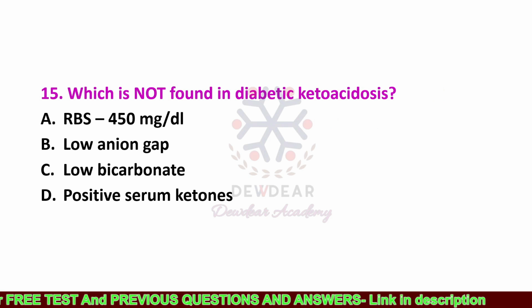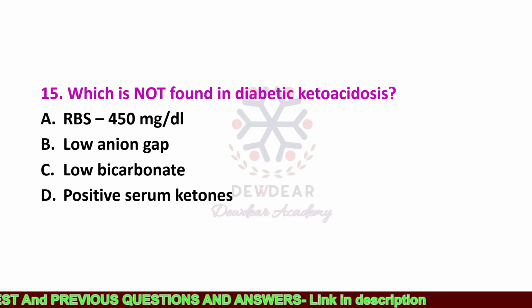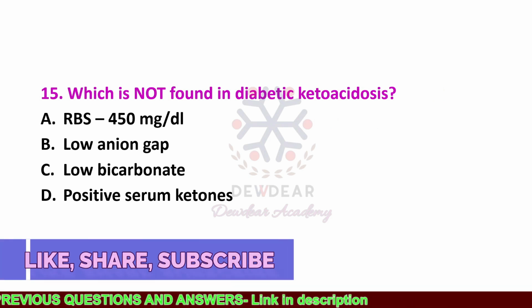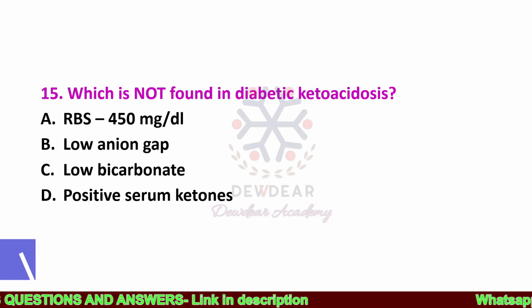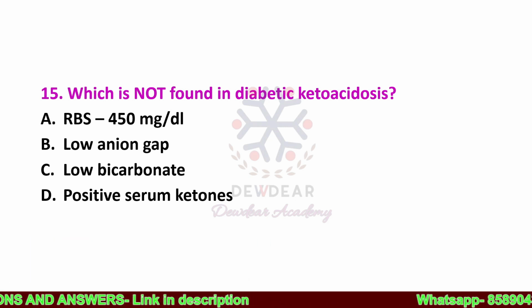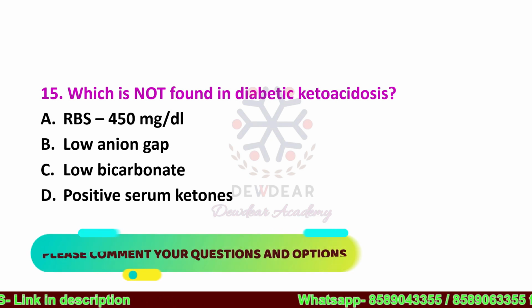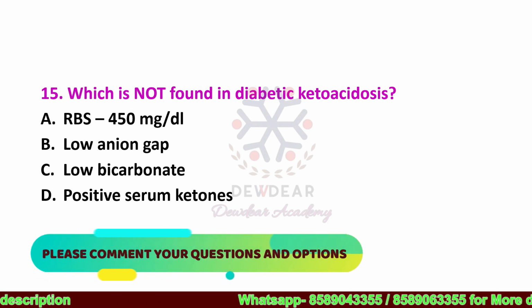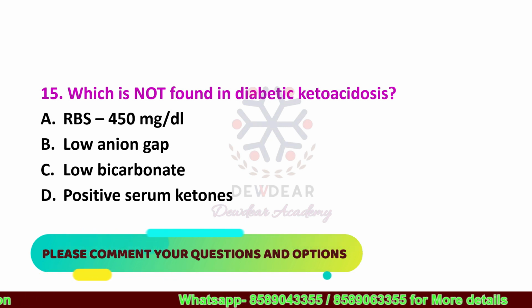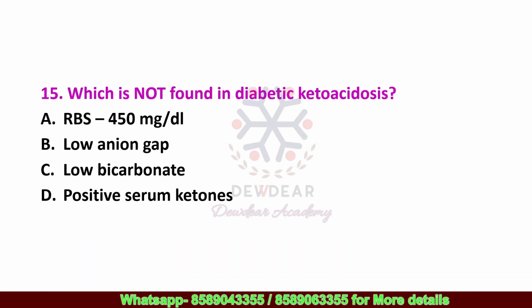Now question number 15, which is not found in diabetic ketoacidosis. Options are RBS 450 mg per deciliter, then option B, low anion gap, option C, low bicarbonate, option D, positive serum ketones.